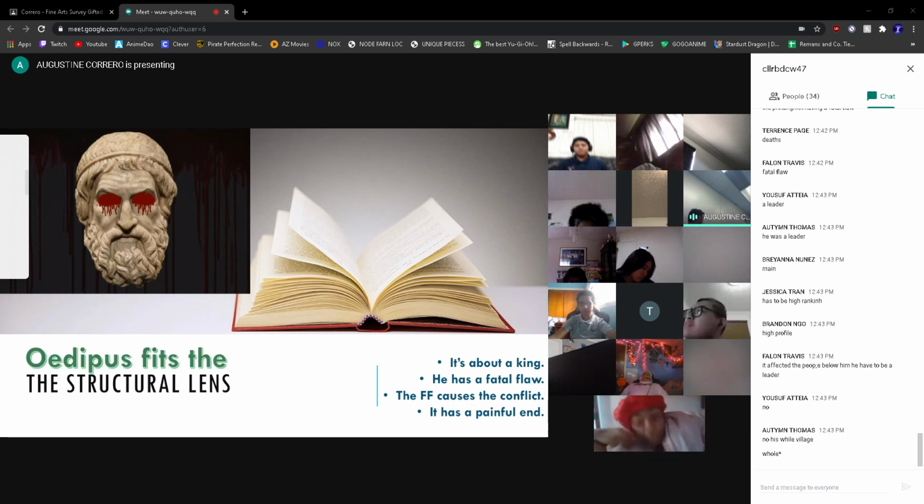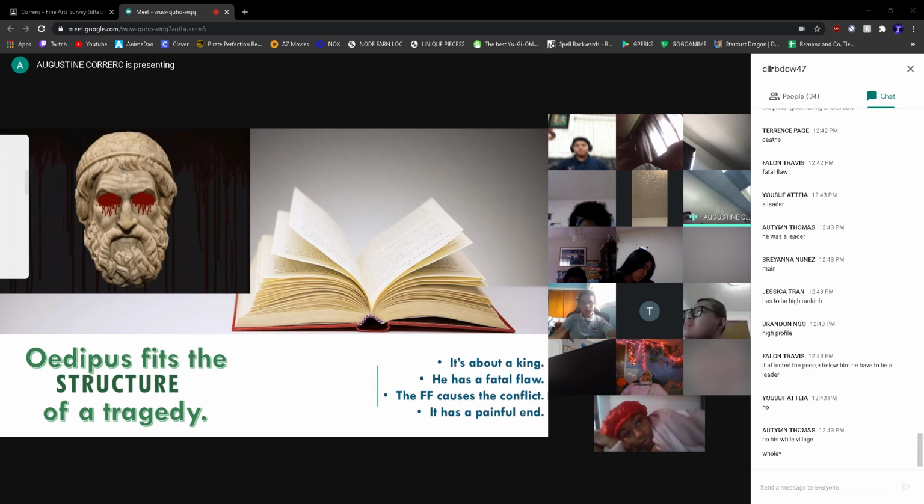Oedipus fits the structure of a tragedy. We just talked about the structure of tragedy to qualify Oedipus as a tragedy. The structure of the story, the rules that make up the story being a tragedy, all apply to Oedipus. Well, look at that.